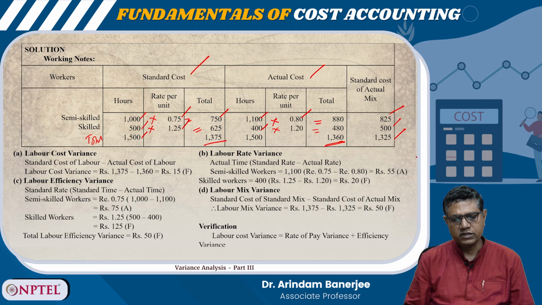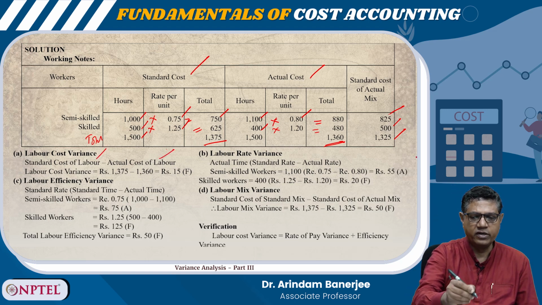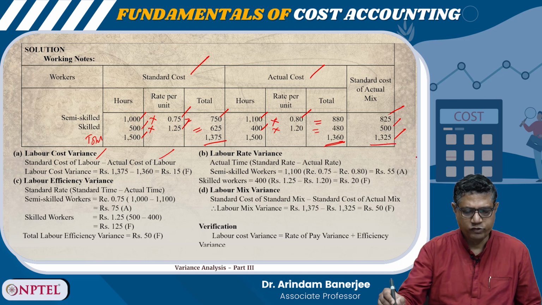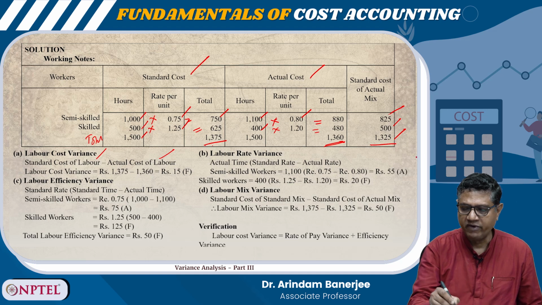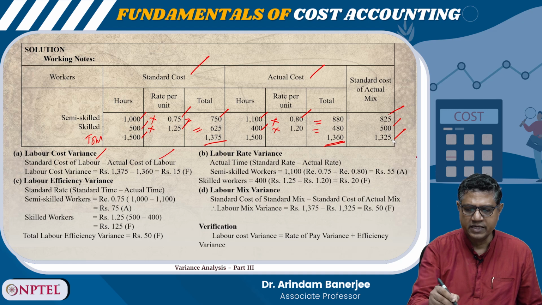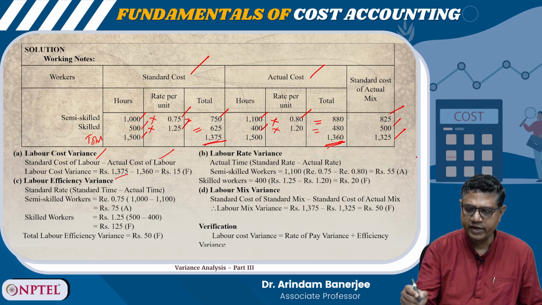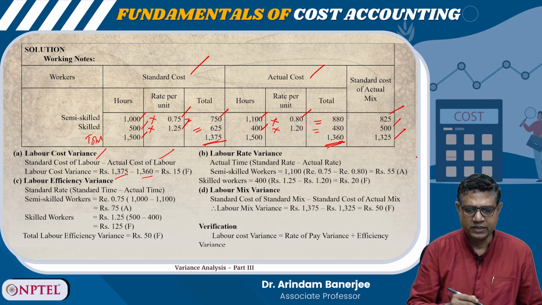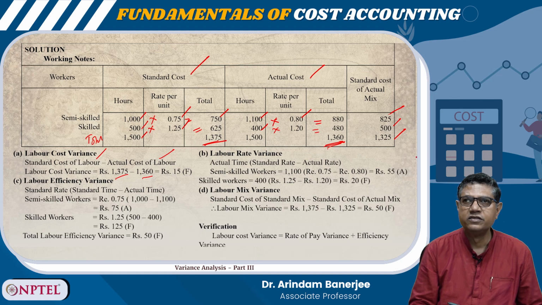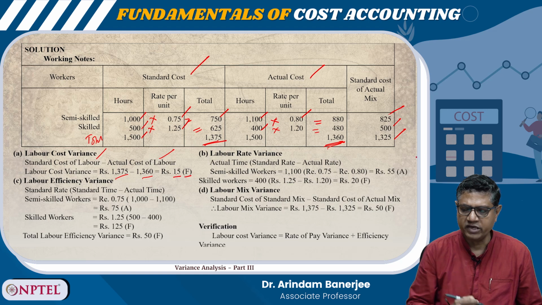Labor cost variance is equal to standard cost of labor minus actual cost of labor. So the standard cost of labor is 1375 minus actual cost, we calculated 1360. The standard cost is higher than actual cost, so it is favorable, and the difference is 15.